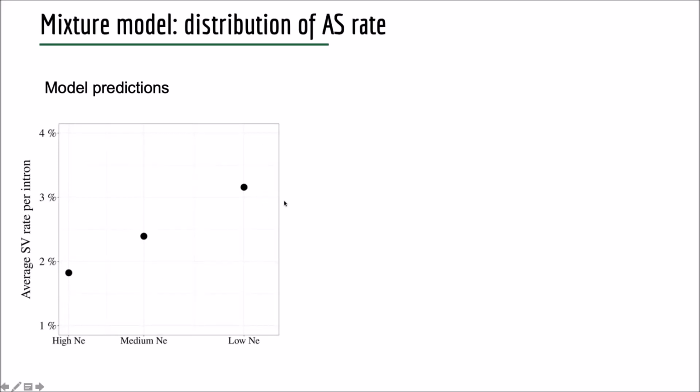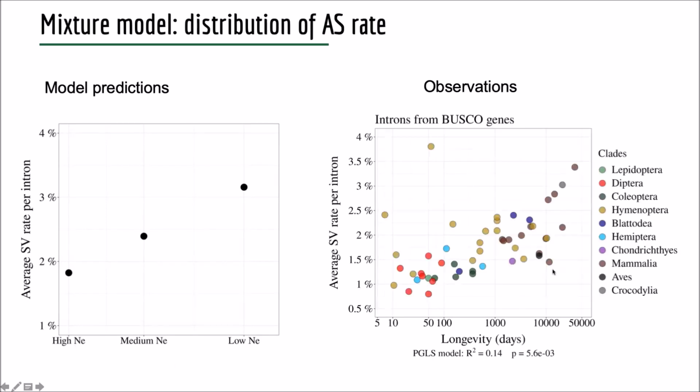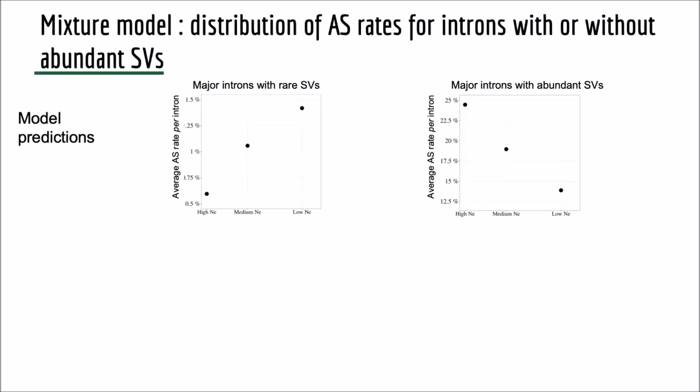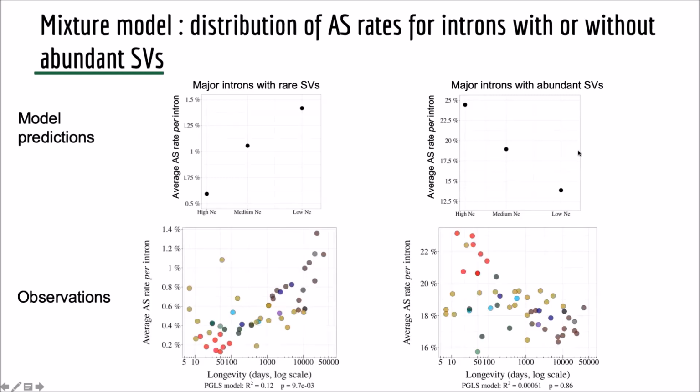You expect that the average rate of alternative splicing increases in species with low NE compared to high NE. And this is what we observed, so it's consistent with the prediction. And the model predicts that this trend should be observed for introns with rare splice variants, but we expect the opposite trend for introns with abundant splice variants, and this is indeed what we observe.